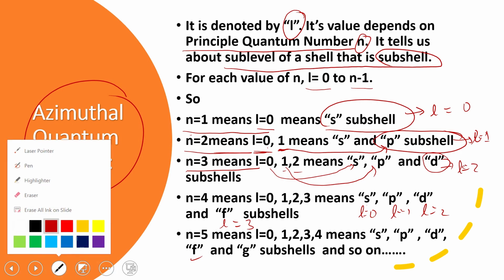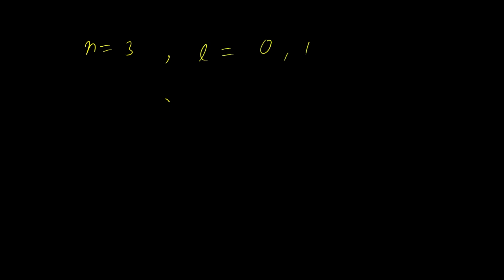Moving further, say n is equal to 3. What is the l value? The l value will be 0, 1 and 2. Why up to 2? Because the l value depends upon n.